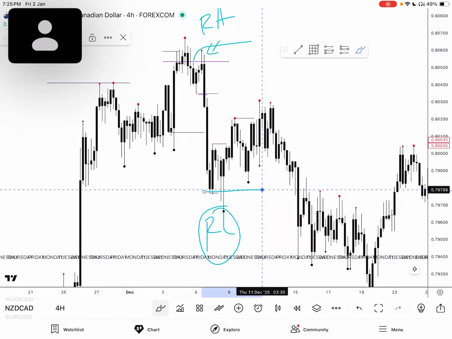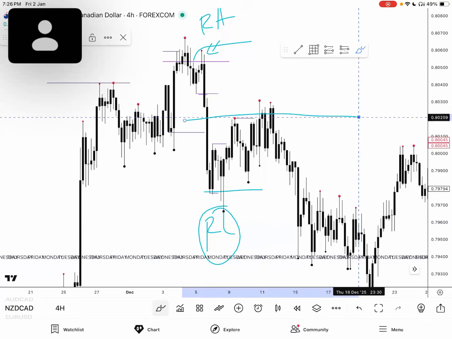When we have two different levels, the range high and the range low, you need to mark your fib level. Above 50%, we call it the premium level. Below 50% is the discount level, right? So if you are taking a sell trade, we need to look for a premium level, so above 50%, which is above this level.